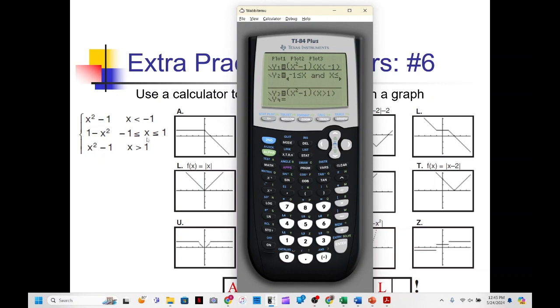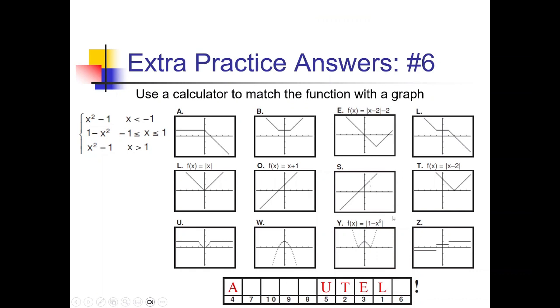Negative 1 less than or equal to x, and x less than or equal to 1. And then my third branch was actually just like the first one, only I had a different inequality at the end. So pressing graph for all that. Here we go. We have a piece of a parabola, another piece of an upside down parabola, and a piece of the original parabola. So let's see here. What does that look like? That looks like y. So we'll put y in spot 6.